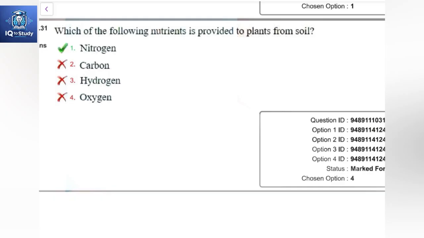Which of the following nutrients is provided to plants from soil? Nitrogen. It is a vital nutrient for plant growth, structure and metabolism. Nitrogen is a nutrient that plants get from soil.